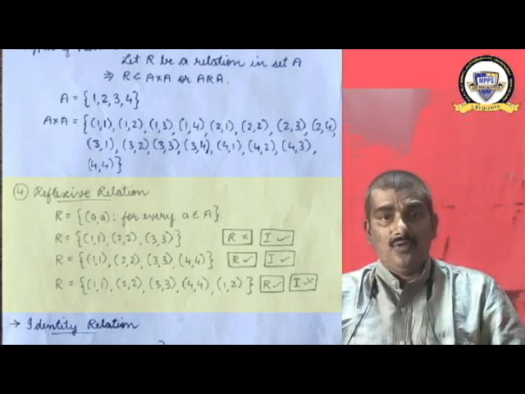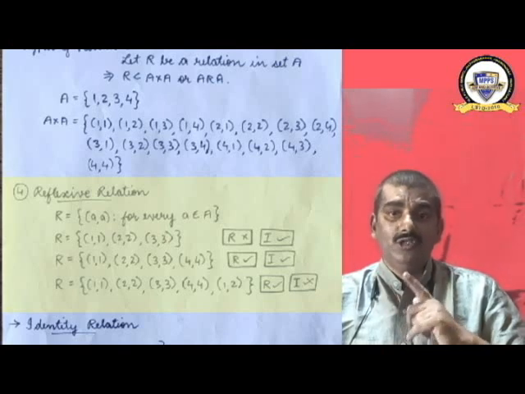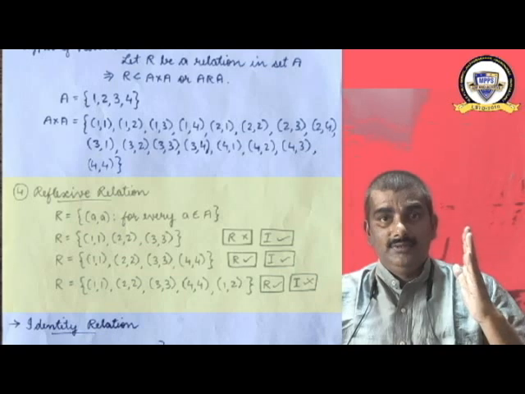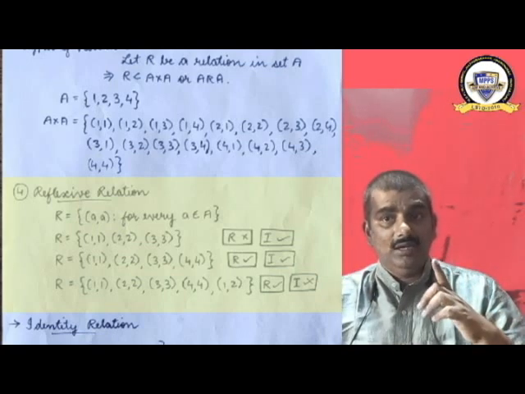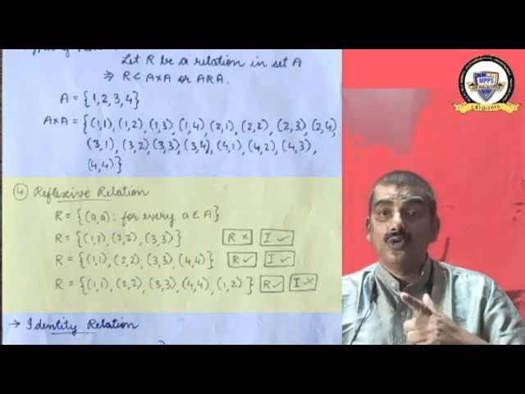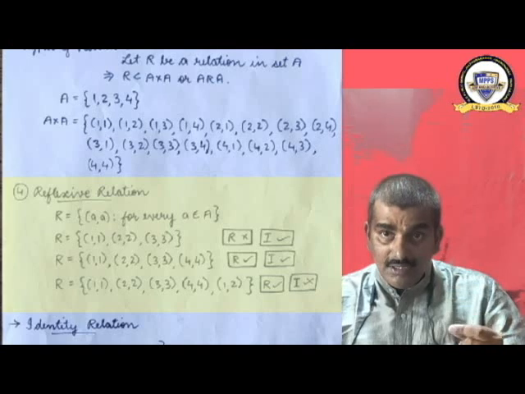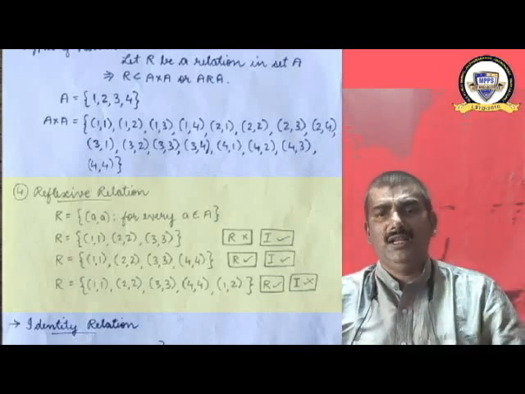See the examples: 1,1, 2,2, 3,3. In set A, 1 is there, so 1,1; 2,2; 3,3; and 4,4 also should be there. For every element there should be an image, and that image should be the element itself. That is the definition of reflexive.